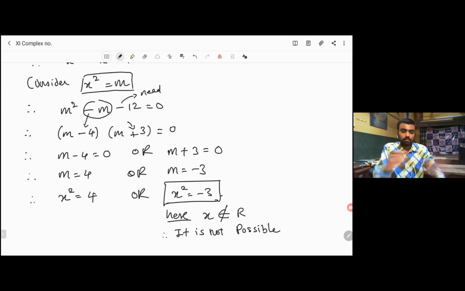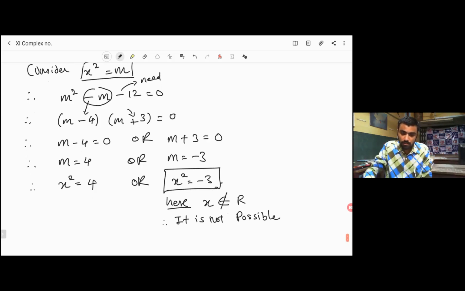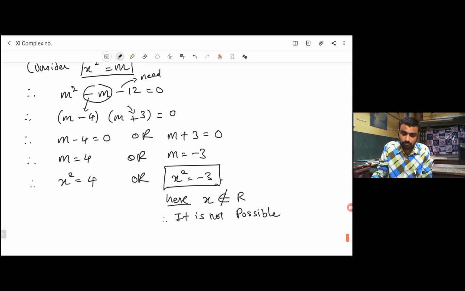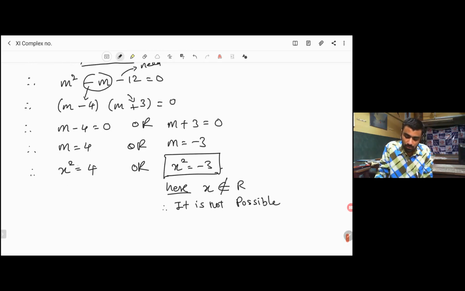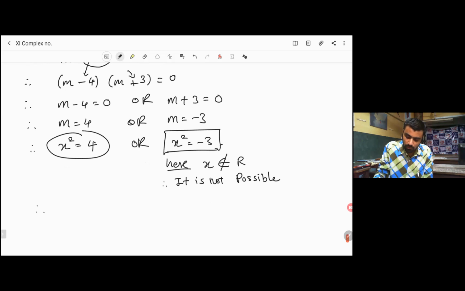So this way now we have to again come to this solution. Therefore x is equals to plus or minus root 4. This is plus or minus 2.